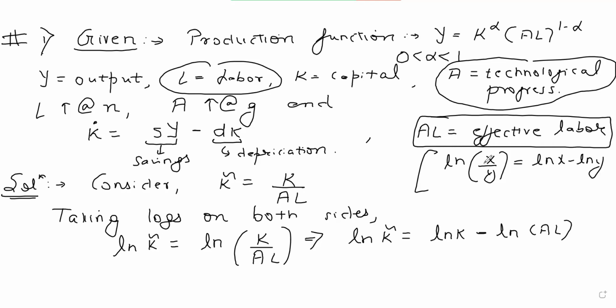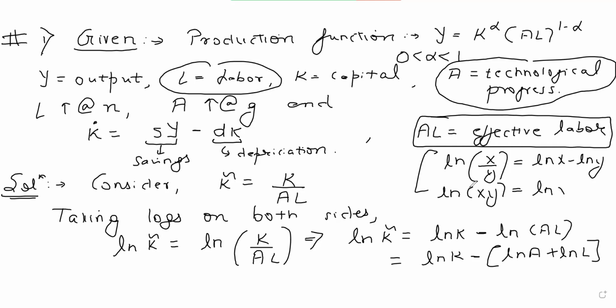These are properties of logs. And students, ln AL I can further write as ln A plus ln L. Again, ln of x into y is equal to ln x plus ln y. These are all properties of logarithms. So I can ultimately write, therefore, ln k tilde is going to be ln k minus ln A minus ln L.